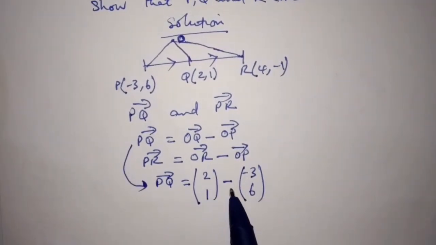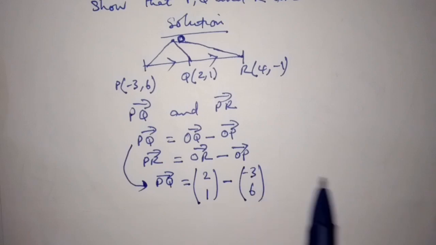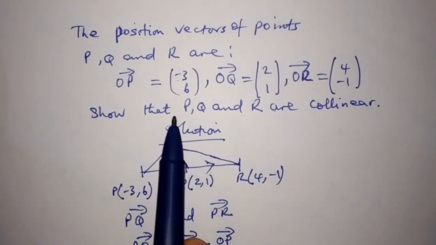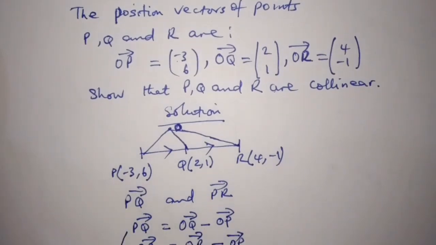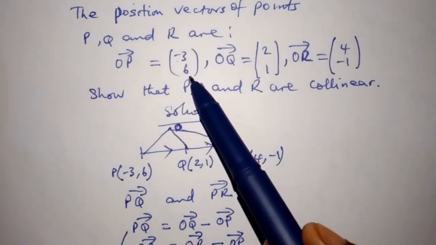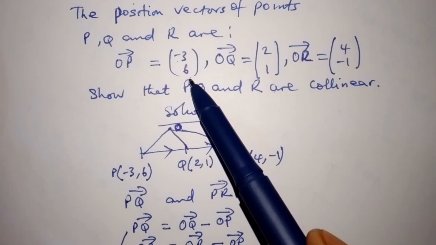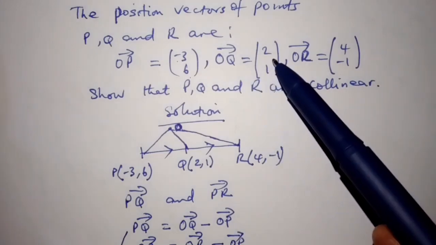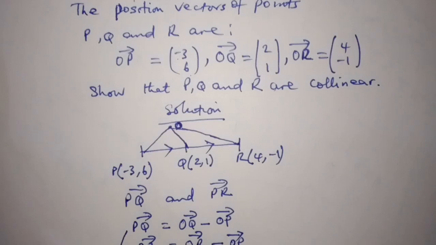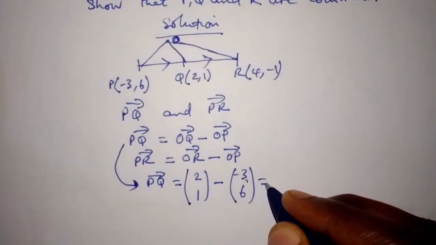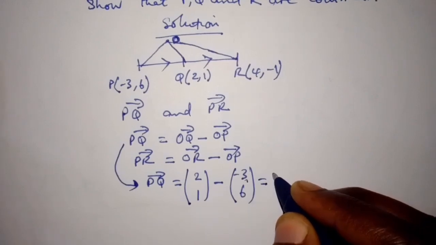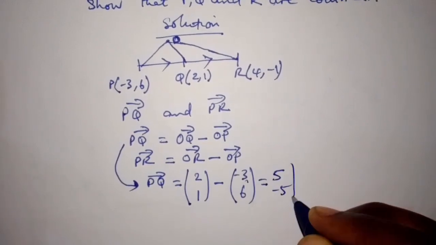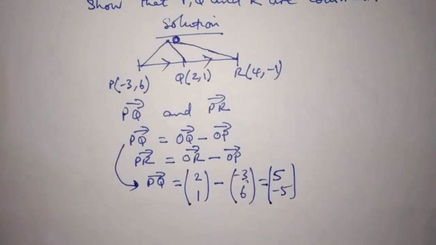P is (-3, 6) and Q is (2, 1). So this is giving us (5, -5).